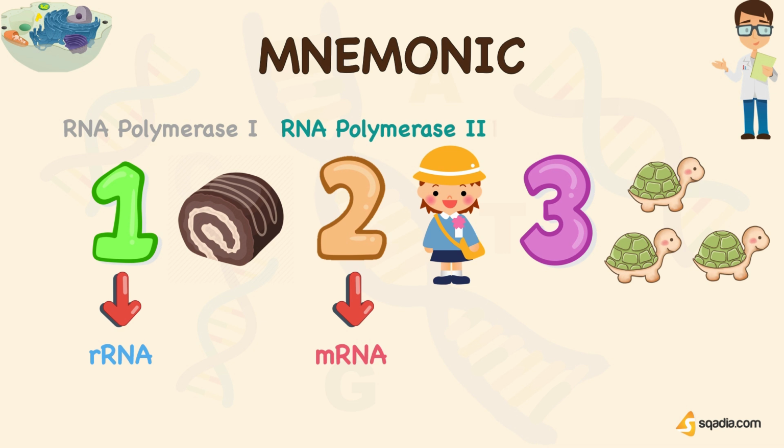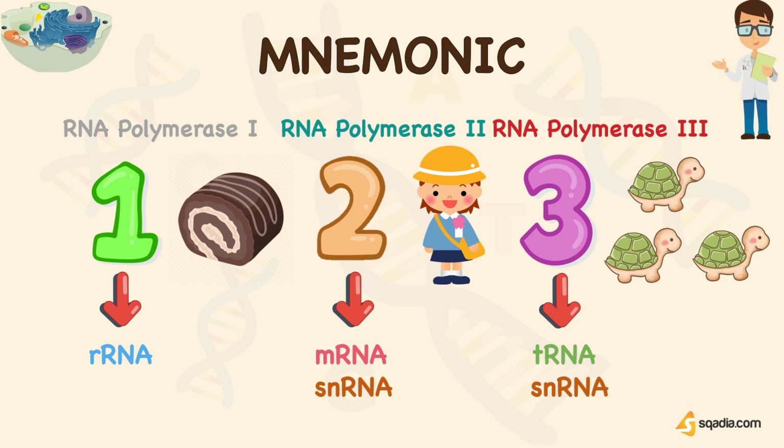My means messenger RNA. 3 means RNA polymerase III. And turtle means transfer RNA. If we get more specific, then also remember that RNA polymerase II and III also give rise to the formation of small nuclear RNA.